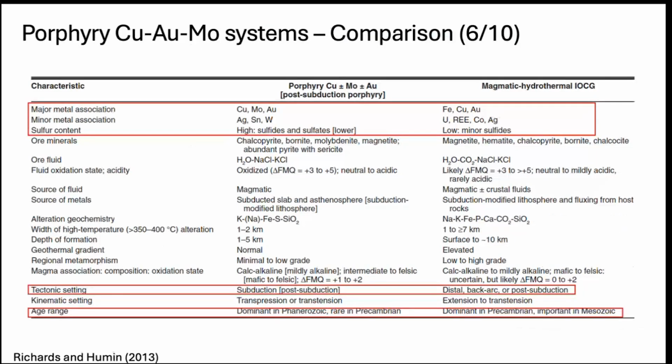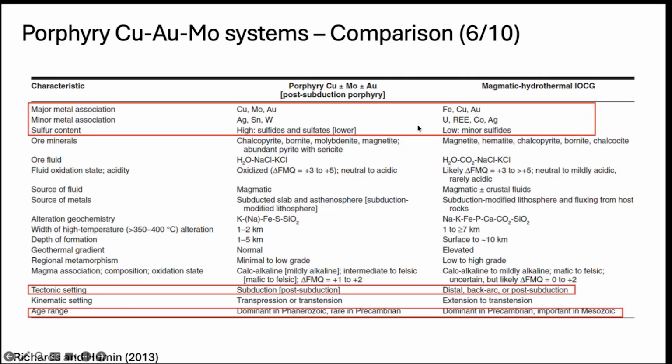And so a boring table, but I highlighted the bits that are important. Again, this is from Jeremy Richards' work. Here we want to see what the major metal associations are. So copper, moly, gold in porphyry copper, and iron, copper, gold in the IOCGs. There's a lot of tin, tungsten, and silver in porphyries, whereas in IOCG there's more uranium, rare earths, cobalt, and silver.